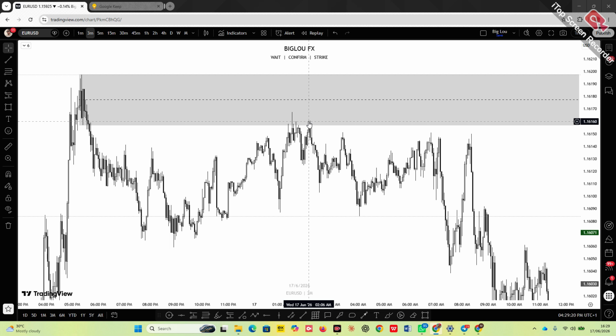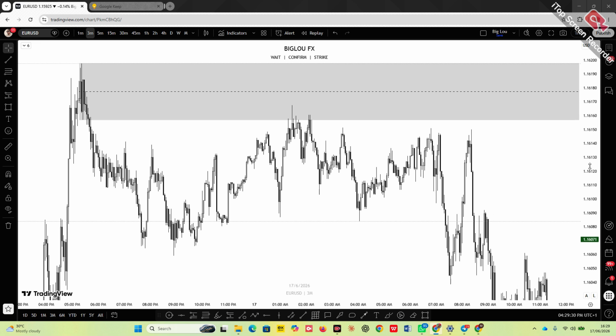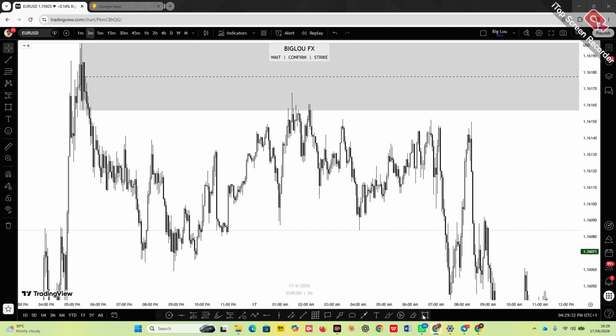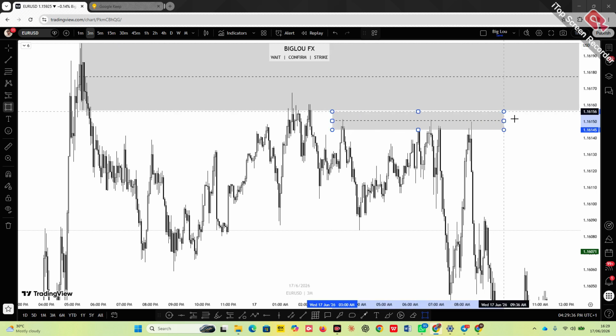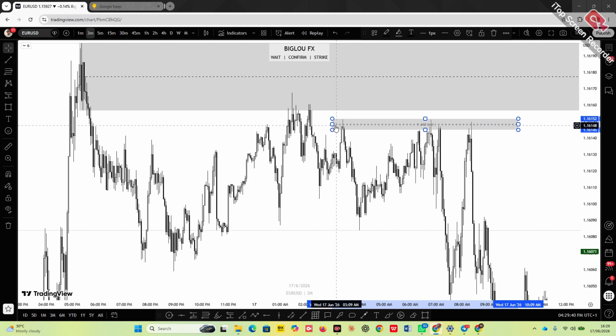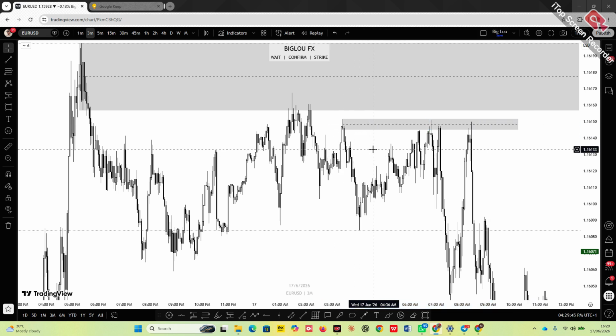It bought again, tapped into that zone, sold, no form of inefficiency, until it came here and sold with some obvious inefficiency and imbalance, which is what happened here. This sell here, this zone, you could see where we got our confirmation from. This small zone here. So imagine refining your trade till you catch this.